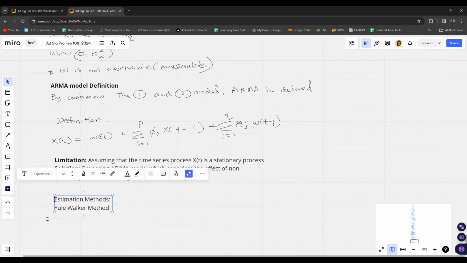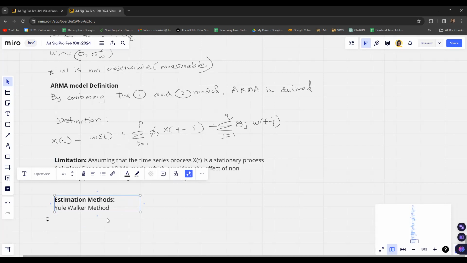So the Yule-Walker method can be used to estimate the parameters of this ARMA model. That is one of the popular methods that we can use to find the parameters that we don't know about this model that we have developed for a certain process.